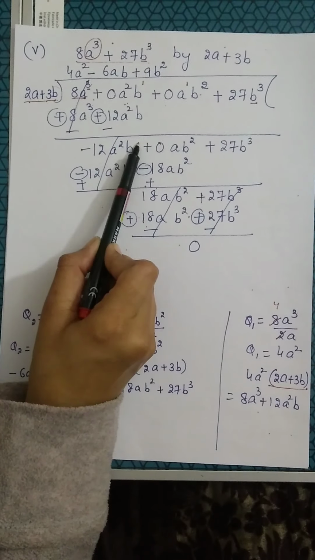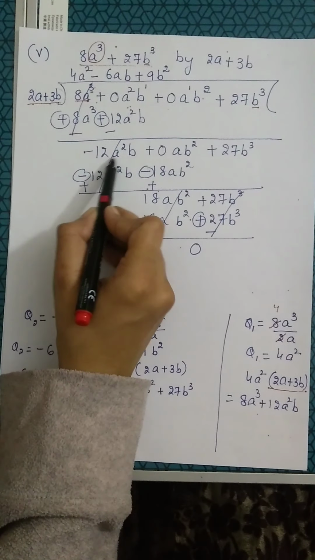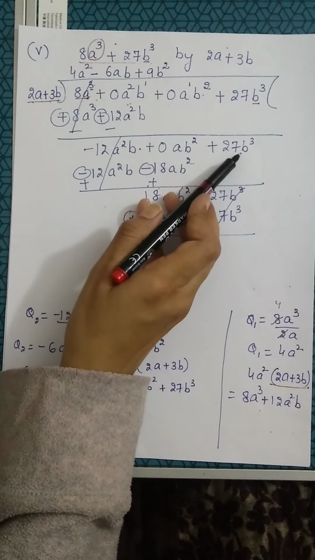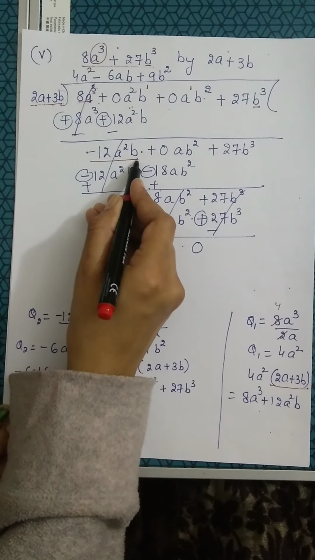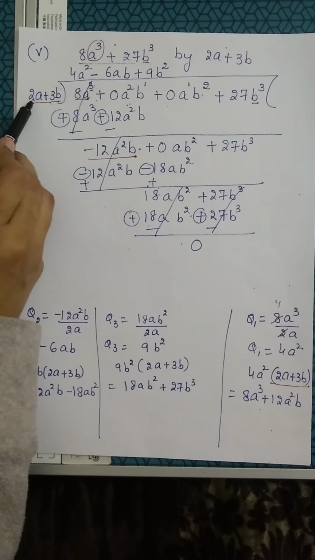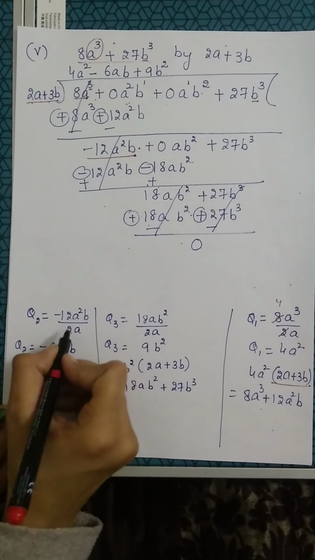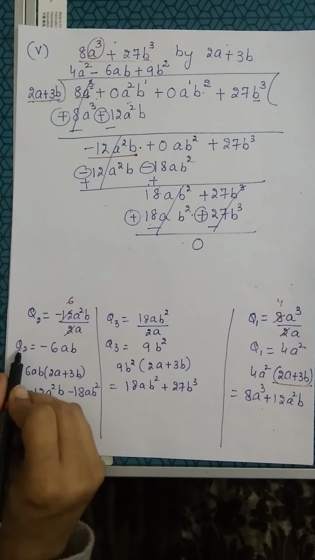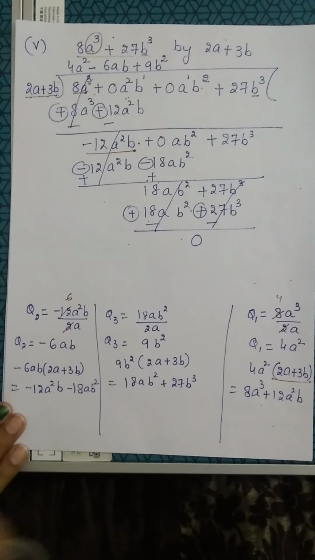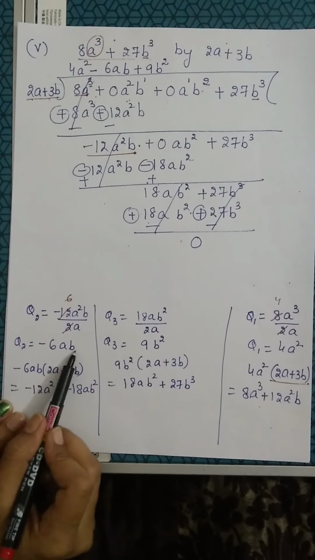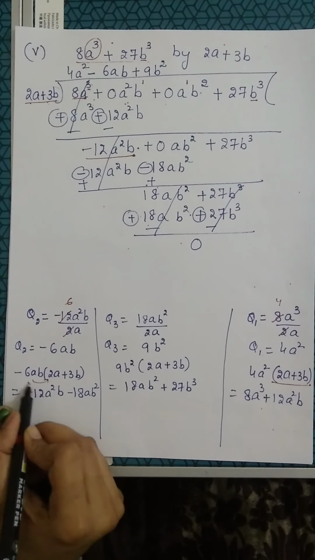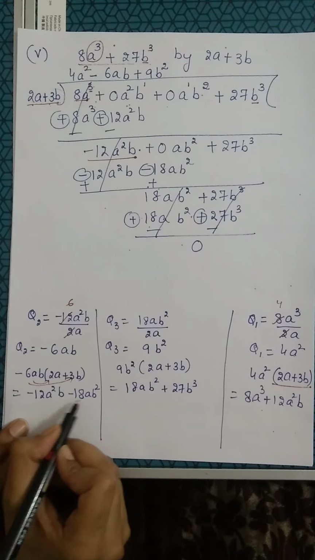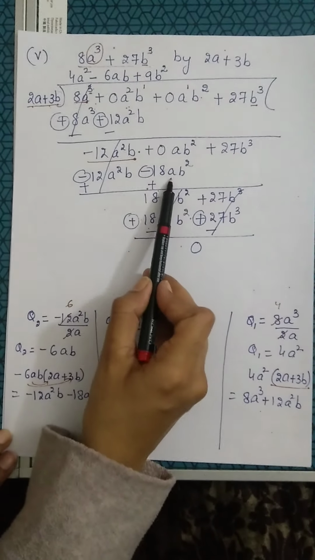After simplifying, I got minus 12a square b plus 0ab square plus 27b cube. Now here first term is minus 12a square b and the first term of the divisor is 2a. After solving, I will get quotient 2 as minus 6ab. Now this minus 6ab will be multiplied with 2a plus 3b.